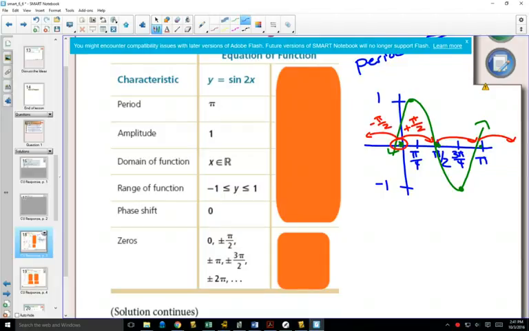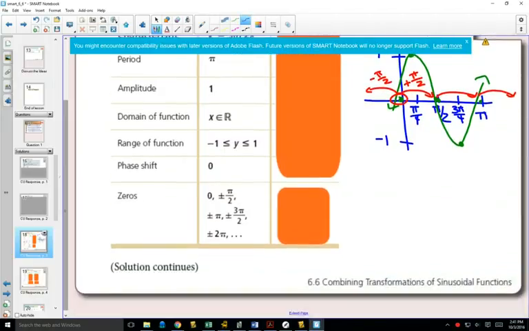So the way that we could write all of our zeros looks as follows. Start with one that you know. I'll start with 0. And then you could add or subtract pi over 2 as many times as you want, as long as k is an integer.